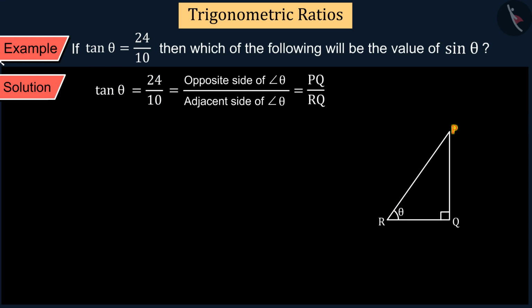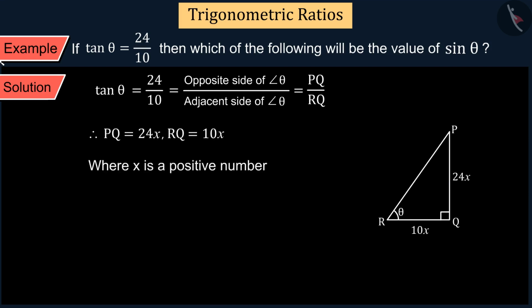In this triangle PQR, PQ is the opposite side and RQ is the adjacent side of the angle, which we can also write in this way, where x is a positive number. Can we now find the value of sin theta? Absolutely not.